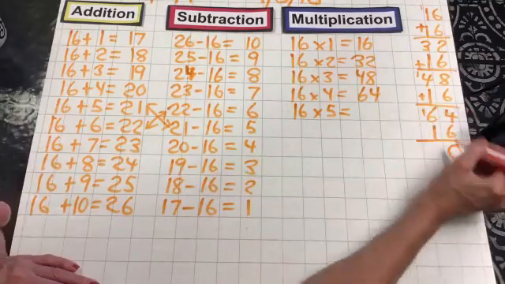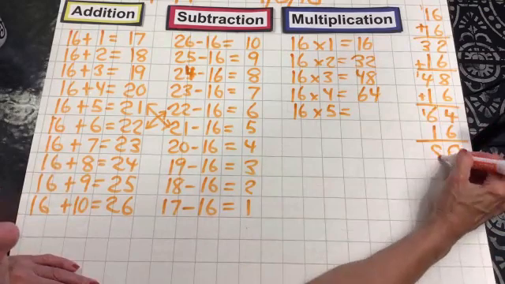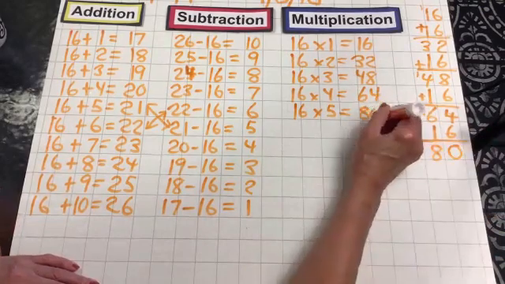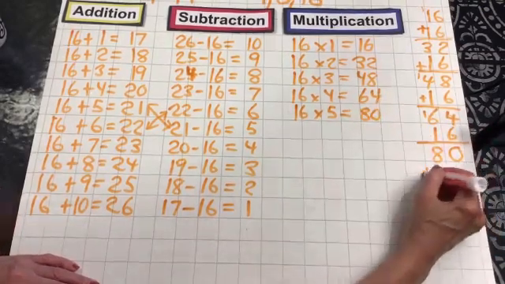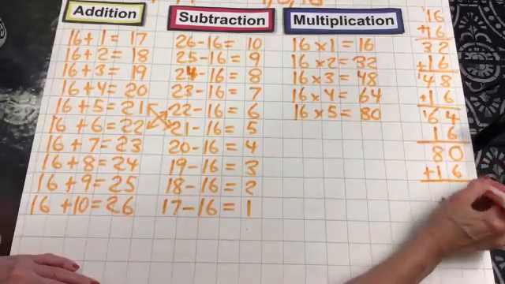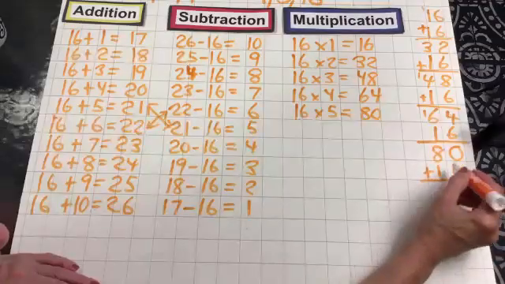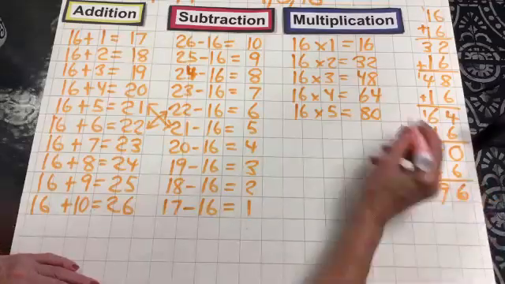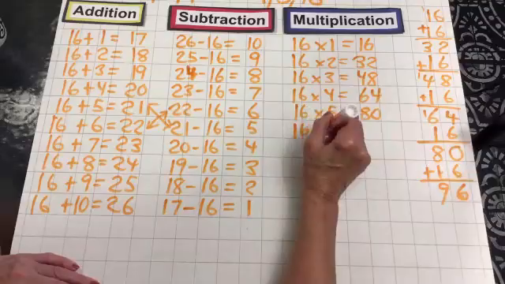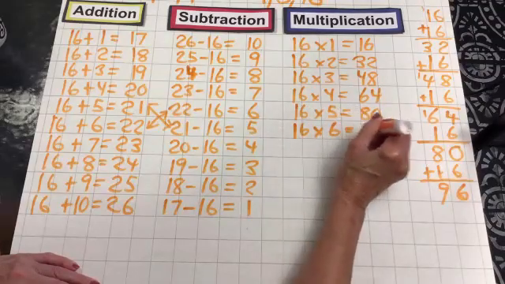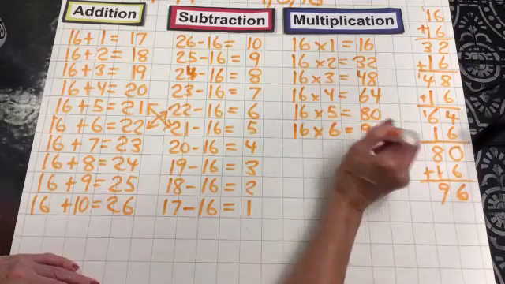Drop the 0, carry the 1. 1 plus 6 plus 1 is 8. So it's 80. And we can keep going here with adding on the side. 16 plus 80. So that would be 0 plus 6 is 6. 8 plus 1 is 9. So 16 times 6 equals 96.